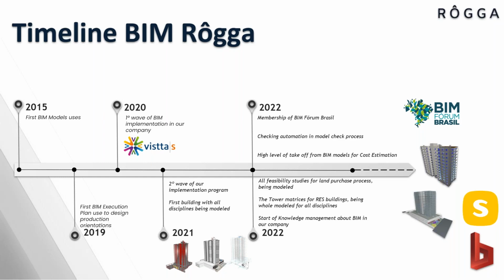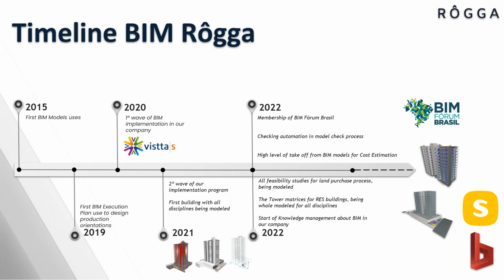We have all feasibility studies for the land purchase process being modeled too. This here is the example for this case. We have a matrix here for the RES division product, and this matrix is all modeled in all the disciplines of these towers.